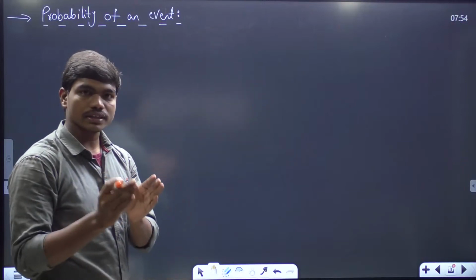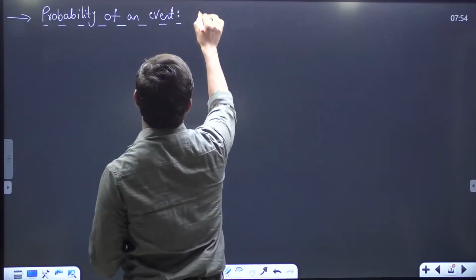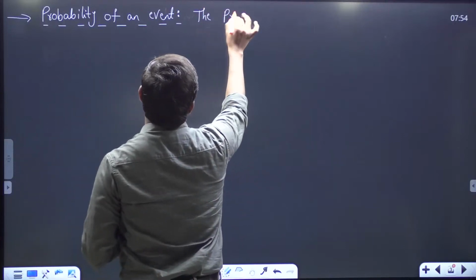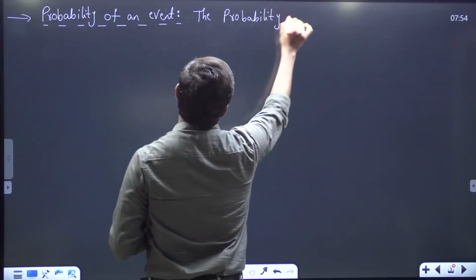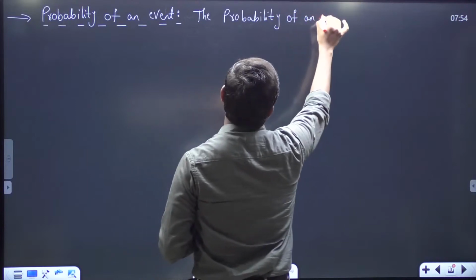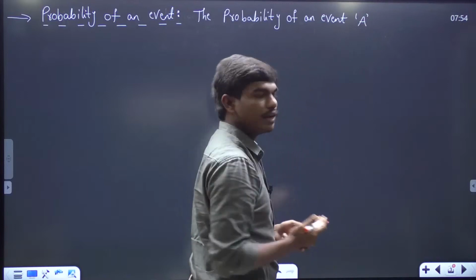So an event is nothing but a subset of sample space. So if you want to talk about the probability of an event A, it is nothing but the chance of happening of A, which you already know.